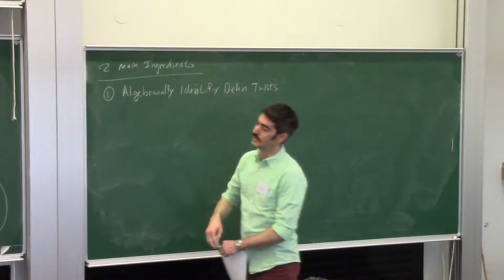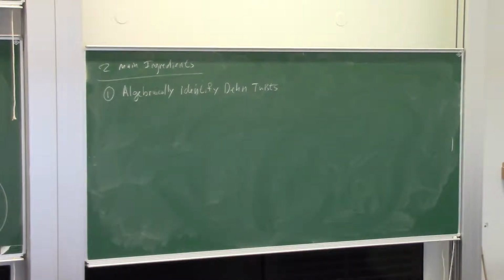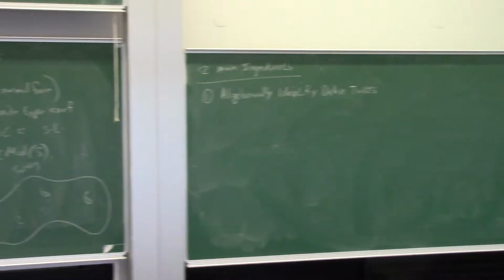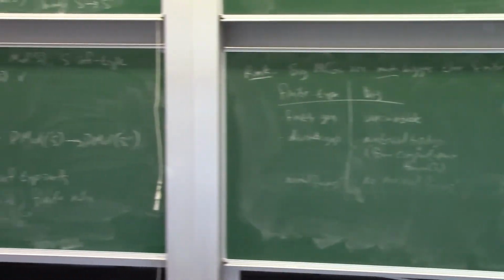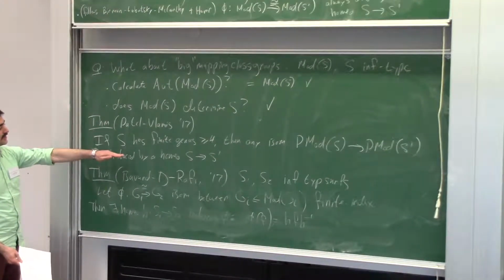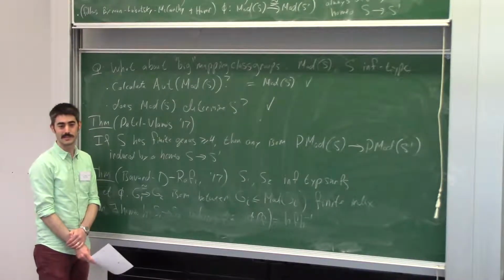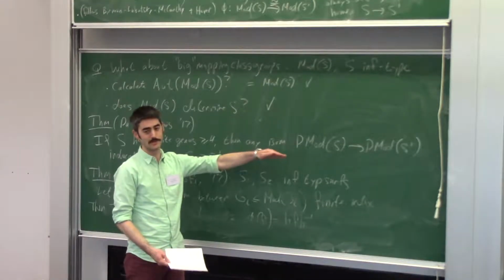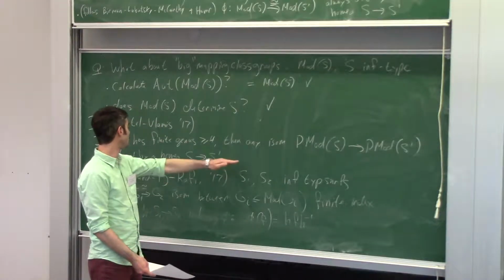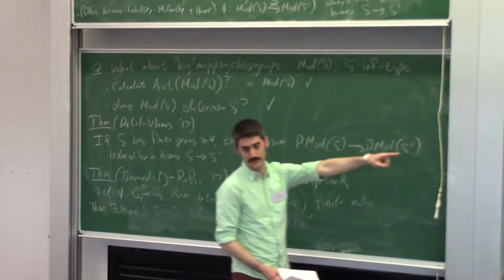And the result of Tell and Blindness that I mentioned here, they have to deal with this somehow. What they do is that in this situation, finite genus at most 4, they come up with a new topology that they put on the pure mapping class group. And by using that Dehn twist topology, they're able to characterize Dehn twists.